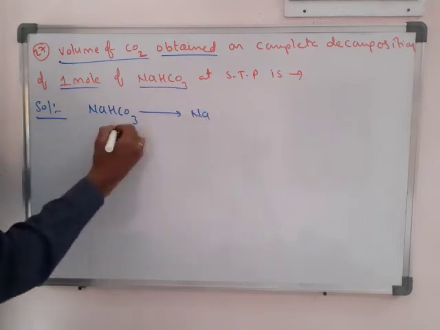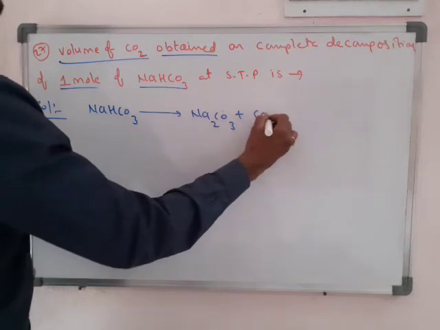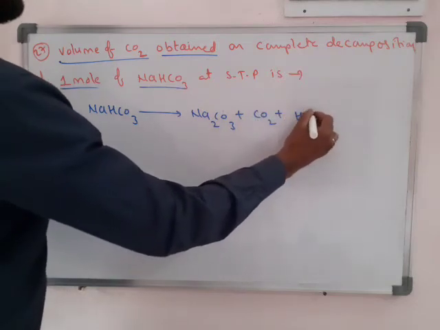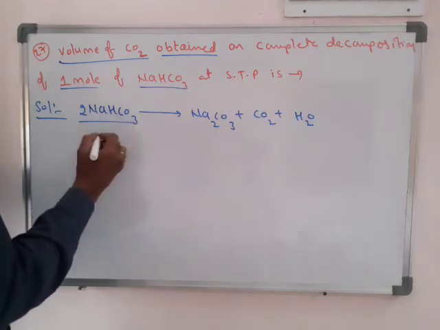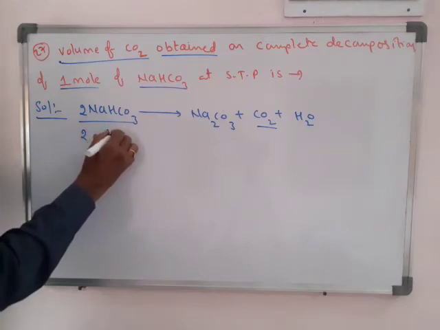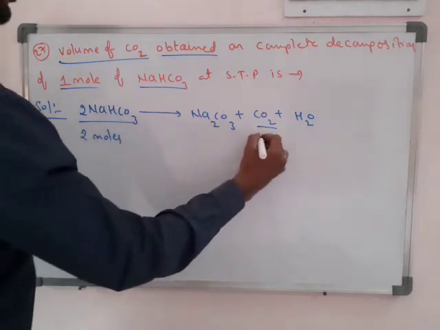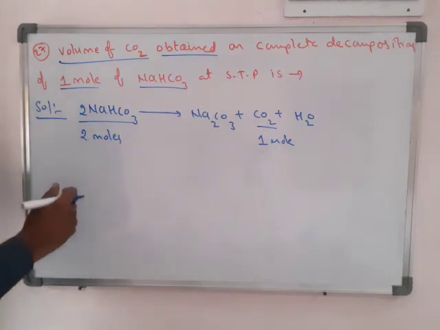So sodium hydrogen carbonate forms sodium carbonate, carbon dioxide and water. Compare the sodium hydrogen carbonate and CO2. From the standard equation, 2 moles of sodium hydrogen carbonate releases 1 mole of carbon dioxide.